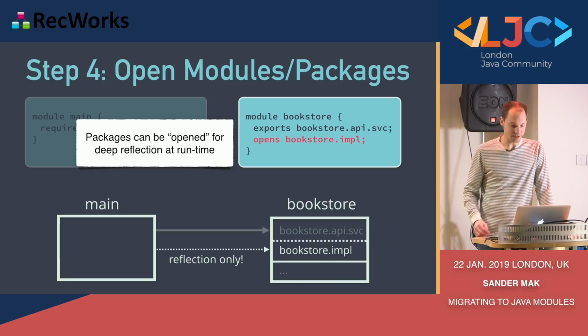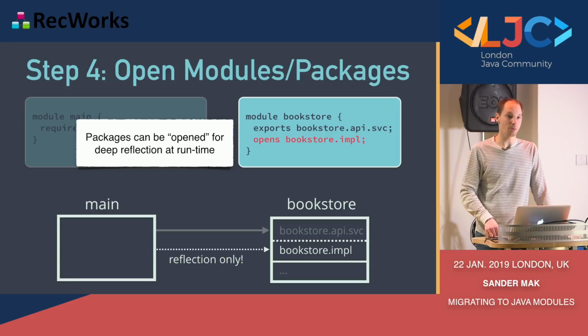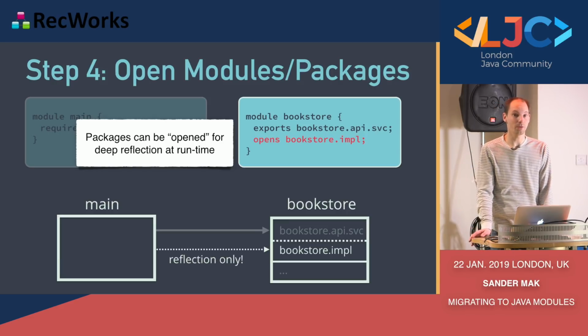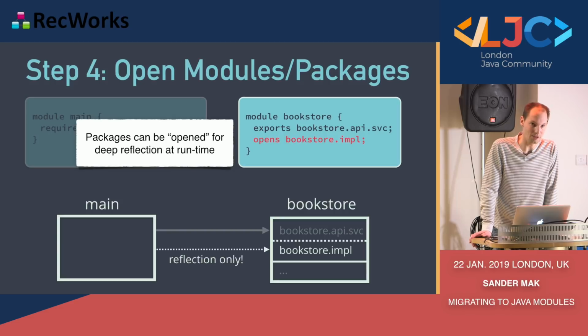So what you can use there is the notion of an open package. An open package is a package that contains types that you don't want developers to take a dependency on at compile time, but that you do want to expose to frameworks at runtime for reflective use. So this is exactly what we need to do in the case of Spring applications, or in the case of Hibernate applications.